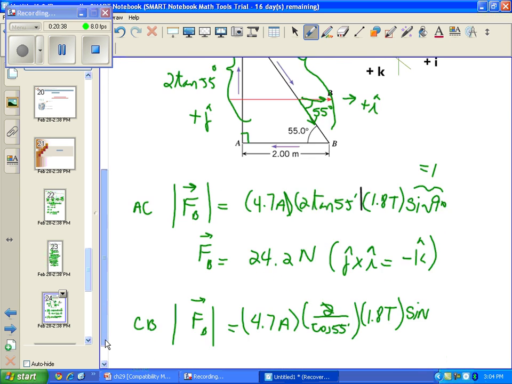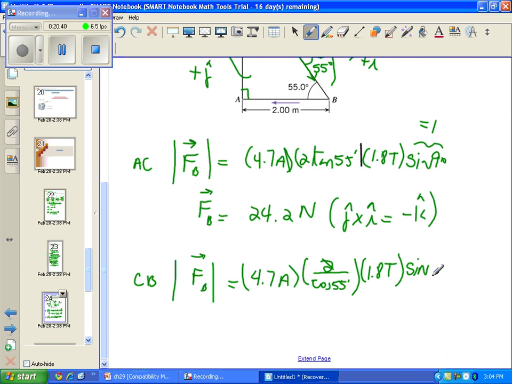So the angle between I and B is 55 degrees.